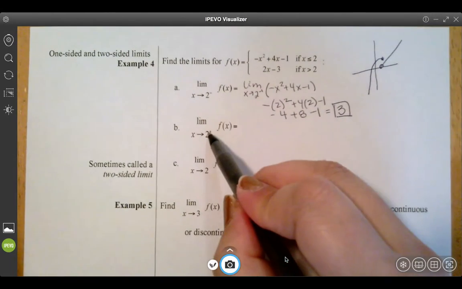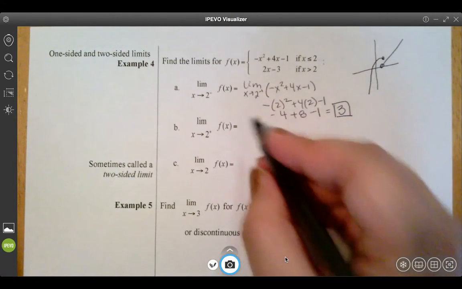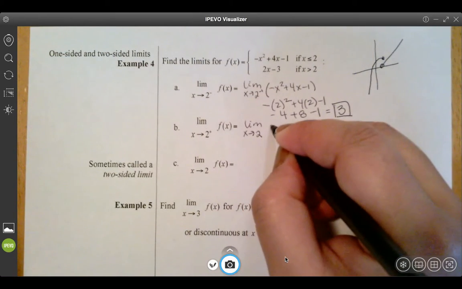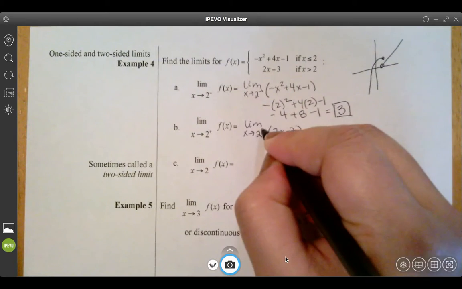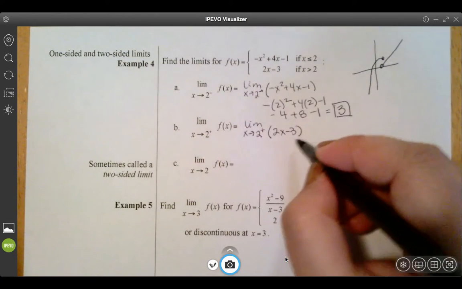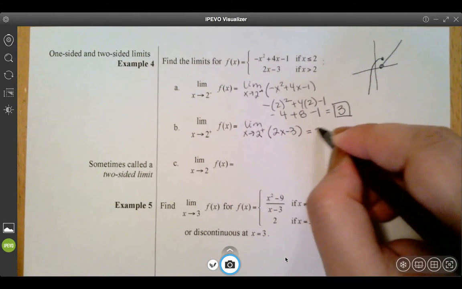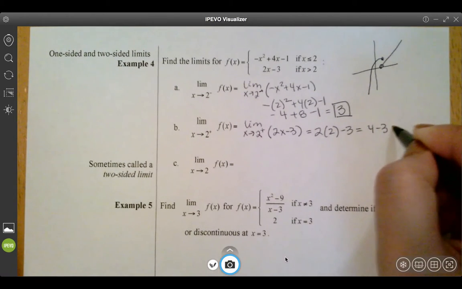Now from the right, from the positive side, we're looking where x is greater than 2. So this is the limit as x approaches 2 from the right of 2x minus 3. Lines are continuous, and so we know that we can substitute: 2 times 2 minus 3, 4 minus 3 equals 1.